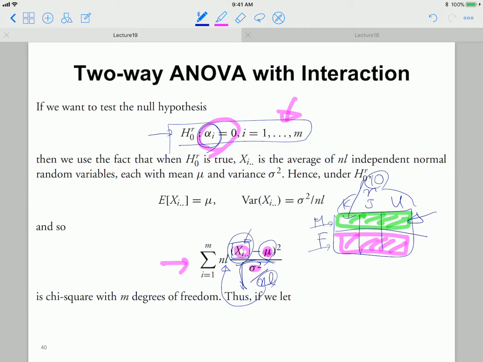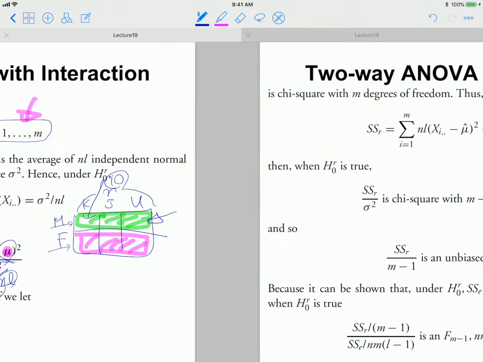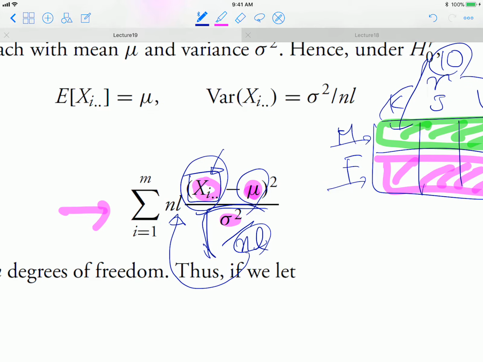And then what is the degree of freedom here? In this case, what is the degree of freedom of this guy? Let me ask a question to you guys. What is the degree of freedom?